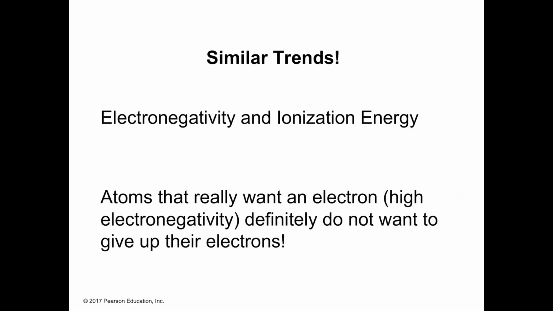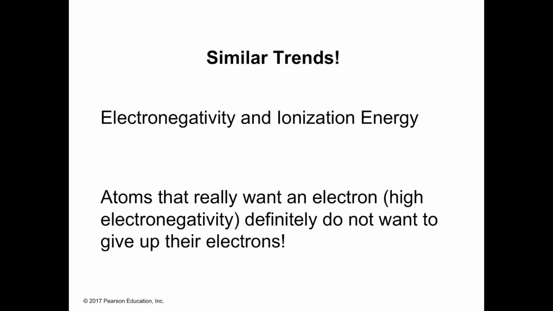So again, you'll notice that electronegativity and ionization energy have similar trends, right? Not exactly the same because we're not looking at the noble gases for electronegativity, but it's the same general direction. And the reason for this is that atoms that really want an electron, right? Atoms that are trying to pull electrons toward the atom, that means they have a high electronegativity.